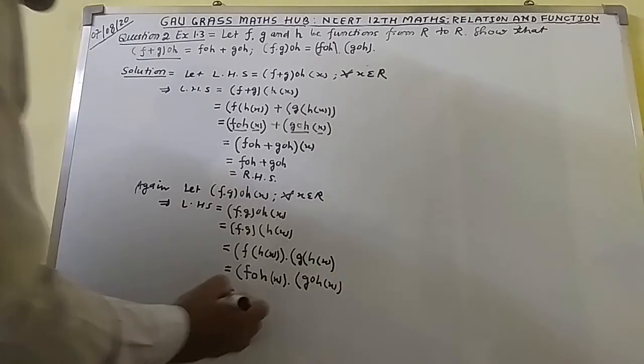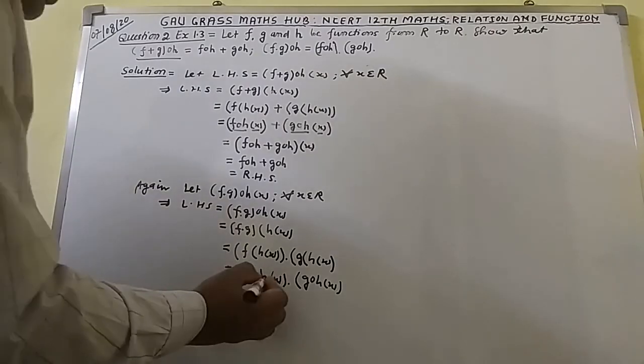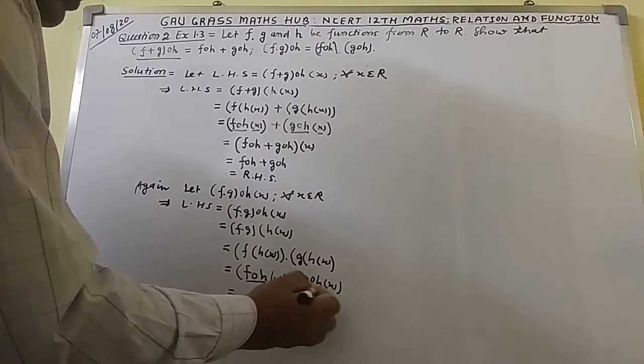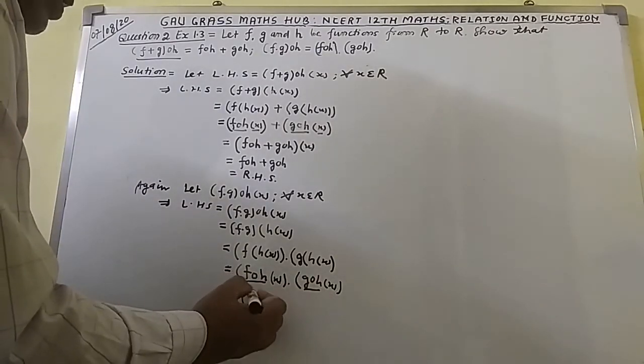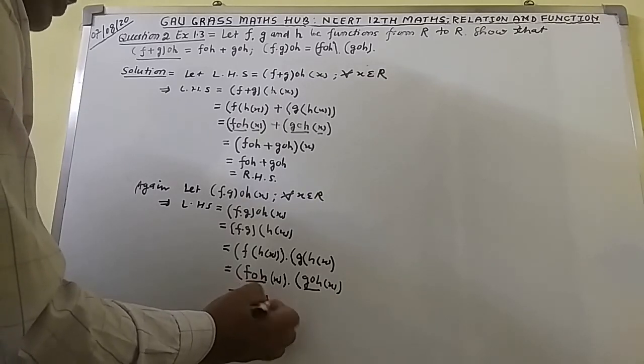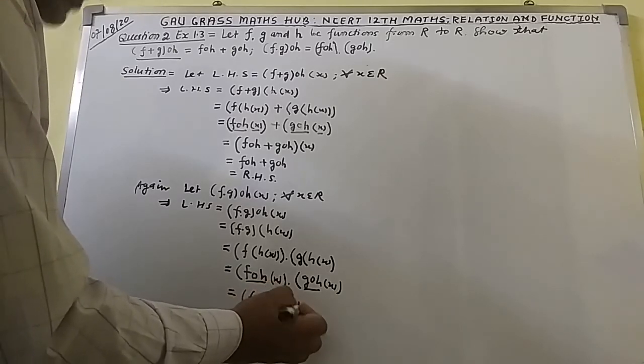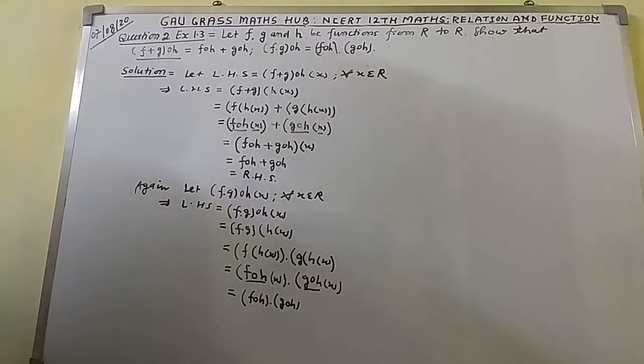So what to do here? Here you can write this as f o h dot g o h.